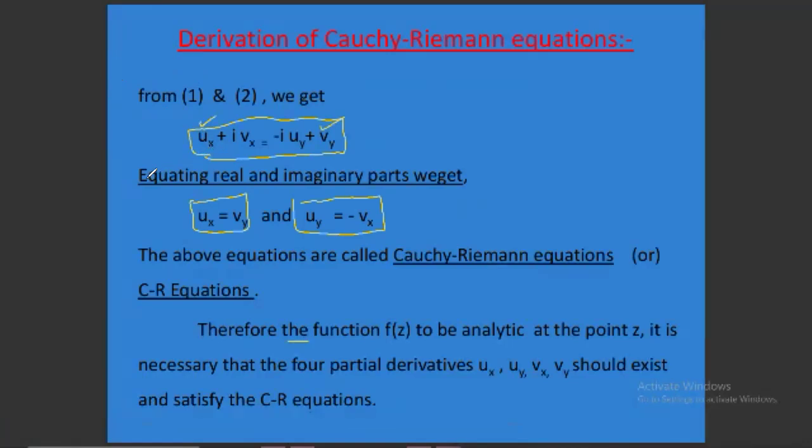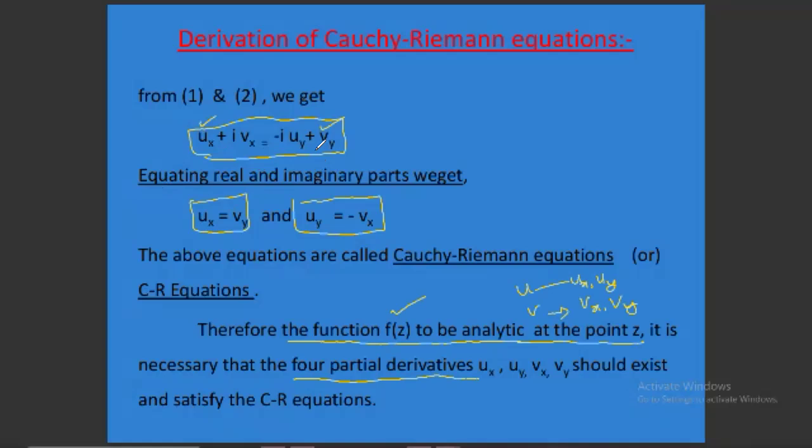Therefore, I am going to conclude that the function f of z is said to be analytic at the point z. It is necessary that it has 4 partial derivatives: for u, it has ux and uy, and for v, it has vx and vy.